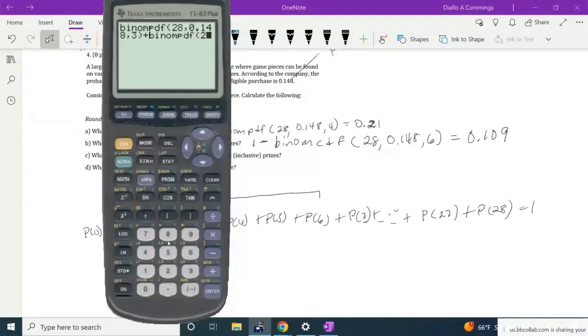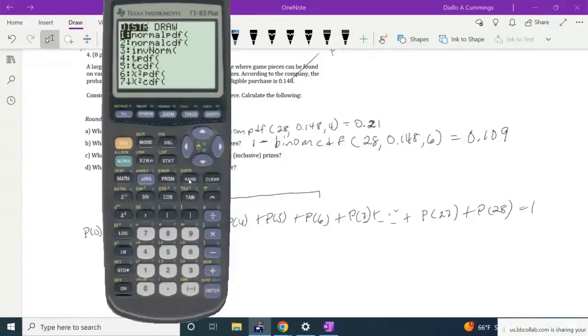Binomial PDF 28, 0.148, 4, plus binomial PDF 28, 0.148, 5, close that off, plus binomial PDF 28, 0.148, 6, add them all together.